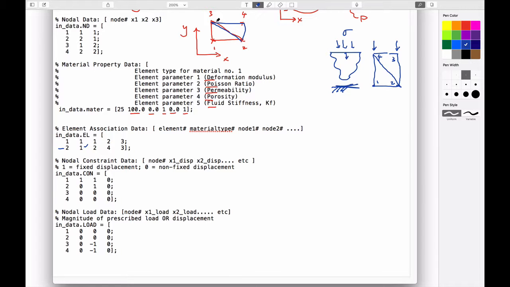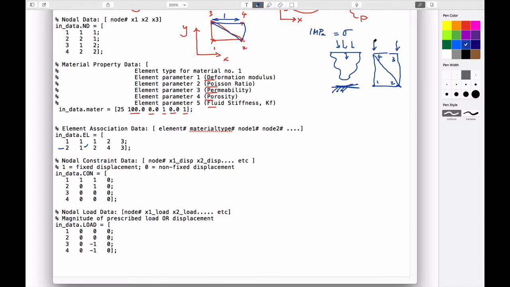So the force here, if this is unit length, and we wanted to apply, say, this being equal to 1 MPa over a meter, then I suppose this would be equal to half of that, right?